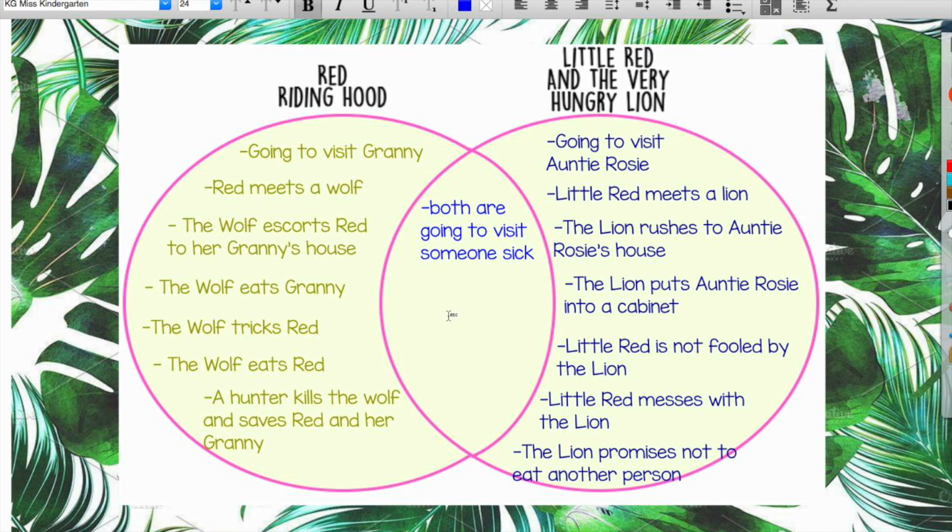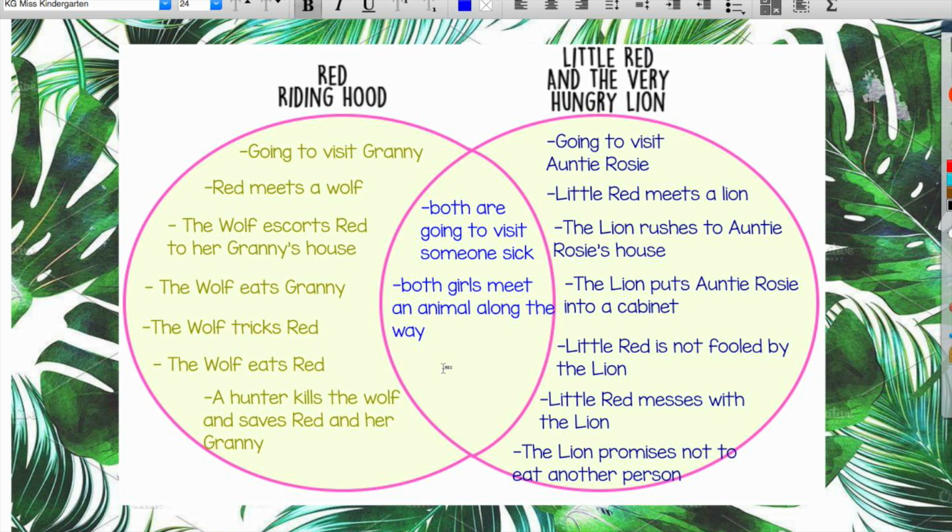What's another similarity that the two stories have in common? You're right, both girls meet an animal along the way. I'm going to put that as my second similarity. Both girls meet an animal along the way. Now let's try to think of one more thing that was similar in both stories.